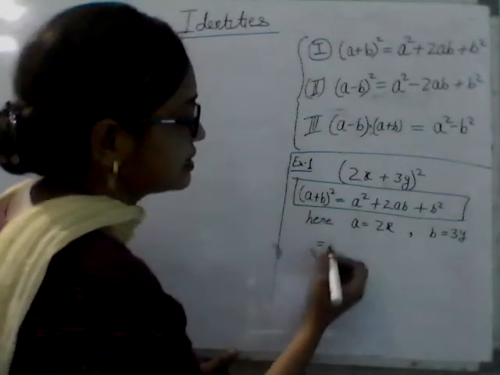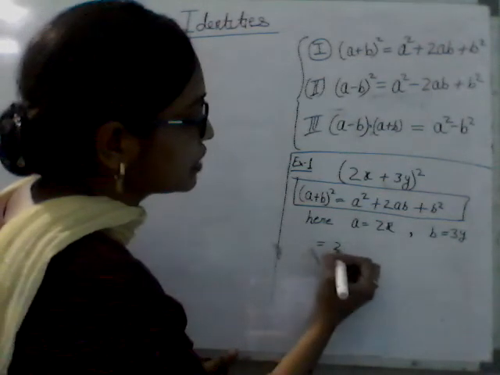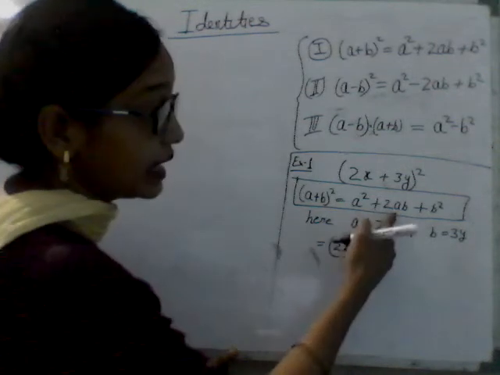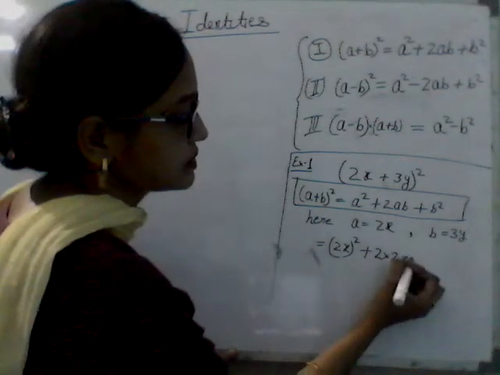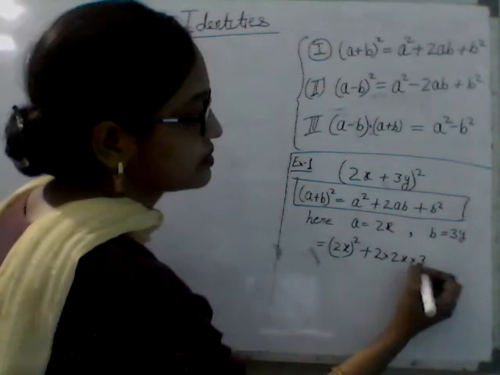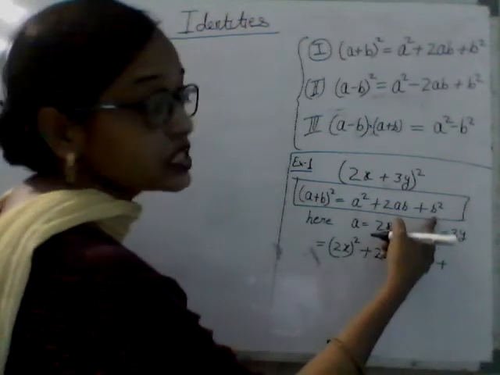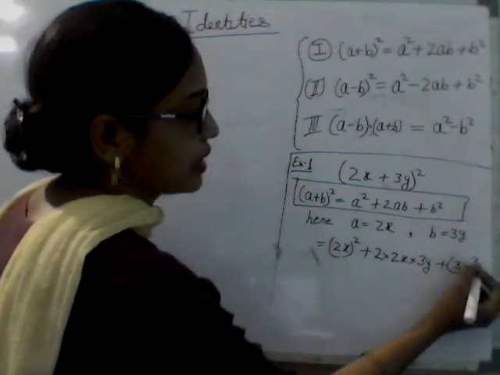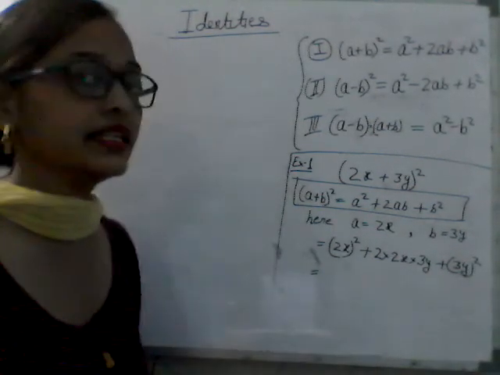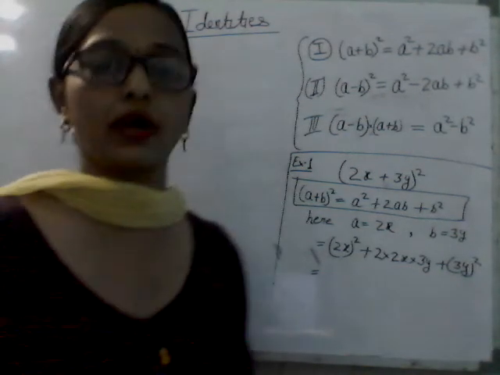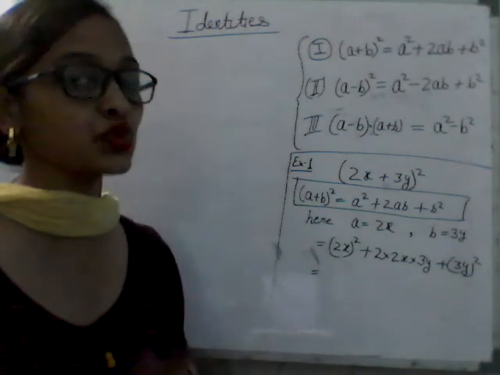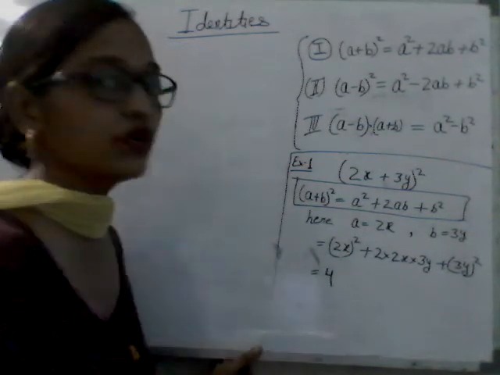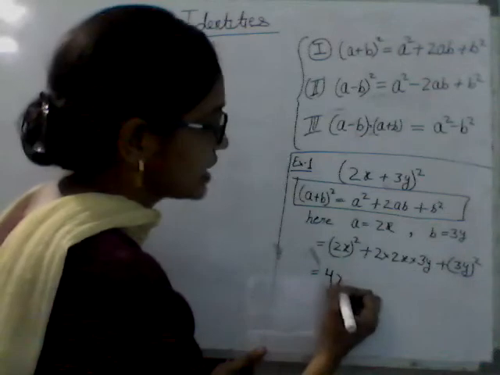So on the right hand side, a square equals (2x) whole square, plus 2 multiplied by a, here a is 2x, and b is 3y, plus b square, that means (3y) whole square. Now we find the squares. (2x) whole square means 2 square, 2 times 2 is 4, so 4x square.